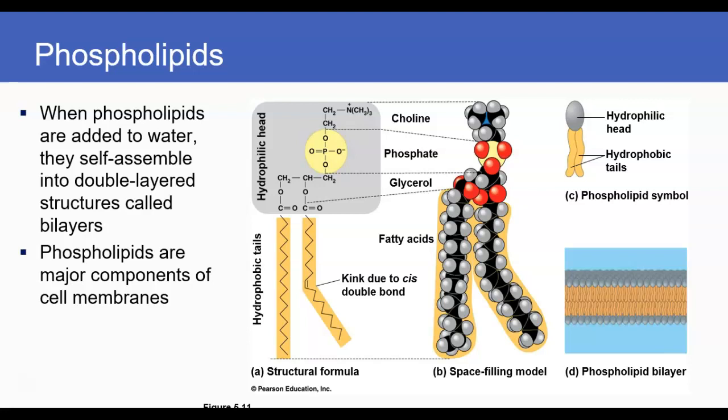So phospholipids you were already introduced to as having two parts that are very different. They have hydrophobic tails that are made up of those fatty acids, and they have a hydrophilic head that has charge based on the choline and that phosphate group, hence phospholipid, phosphate group with fatty acids.